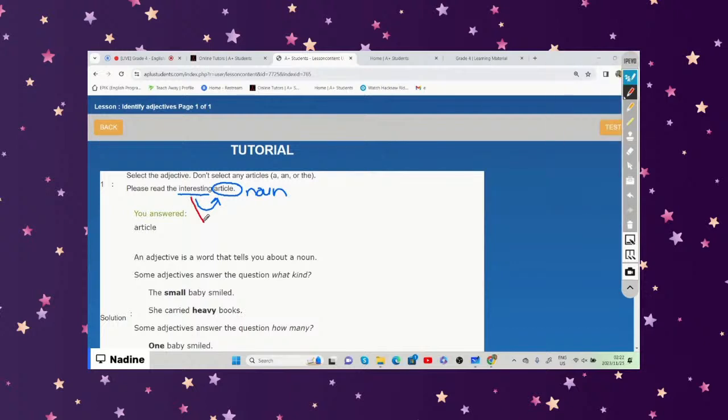So the word interesting is our adjective. It tells us what kind of article. This is an interesting article. So article is our noun, and interesting is our adjective that tells us more about the noun, because it's telling us that this is an interesting article.